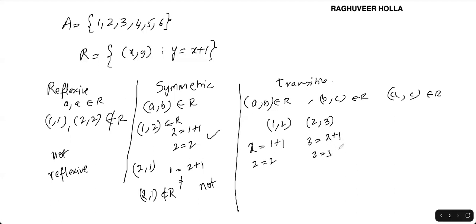What about the other case, 1 comma 3? Now y is 3 and x is 1, so 1 plus 1 is not equal to 3. So 1 comma 3 does not belong to R. Hence we can say that it is not transitive.